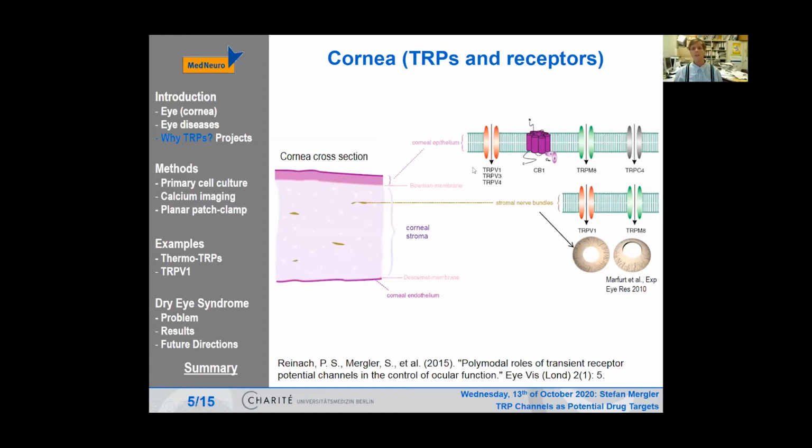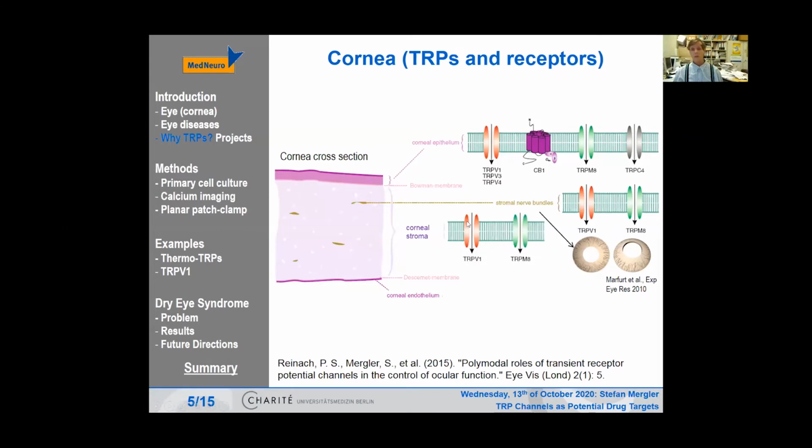TRPV1 has another, non-classical function in the cornea epithelium. TRPV1, 3 and 4 were detected, and interestingly also G-protein coupled receptors like the cannabinoid receptor, which we also detected for the first time in corneal epithelial cells. And also TRPM8, known as a cold receptor, and the TRPC4 channel, known as a store-operated channel. These channels are also expressed in the cornea epithelium, and some 10 years ago their function was unknown.